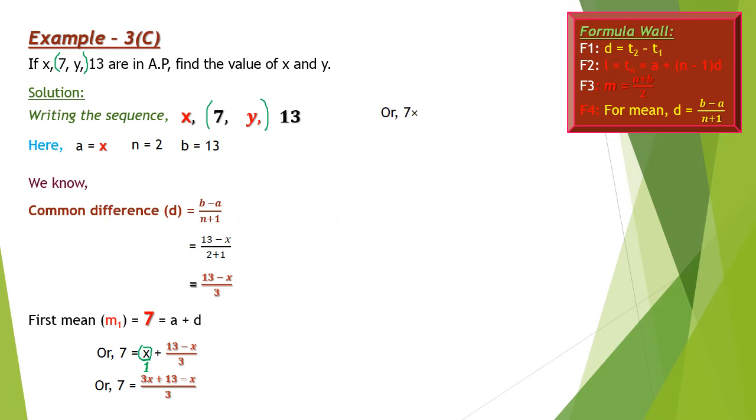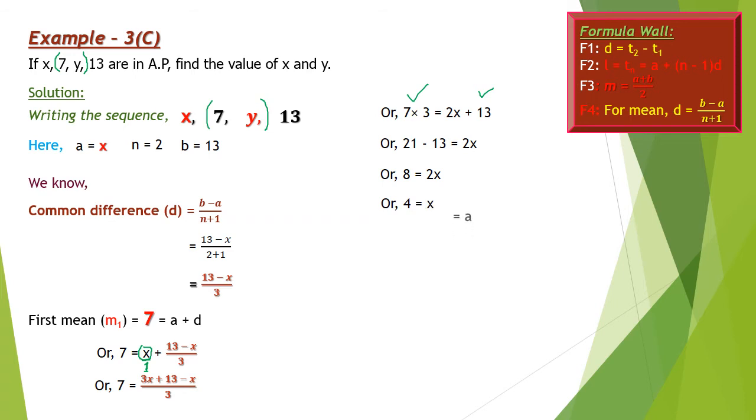Now we can simplify it. 7 into 3 equal to 3x minus x is 2x, so 2x plus 13. Now 21 minus 13 is 2x. You can see 21 is here and 13 is here, and 8 is equal to 2x, or 8 by 2 is 4 is x.